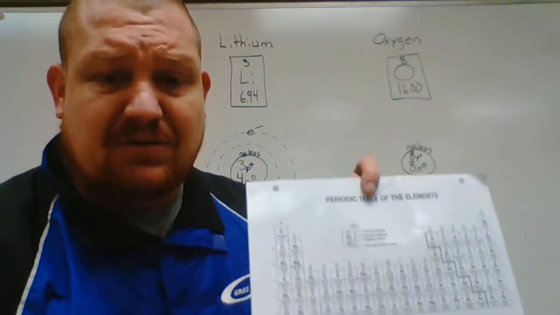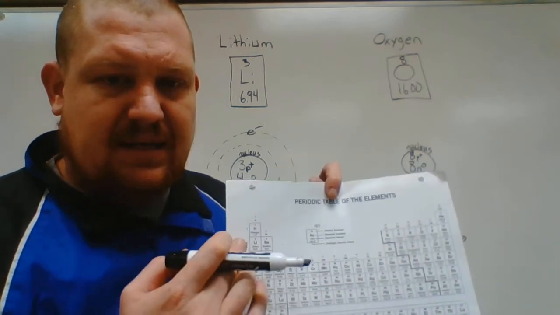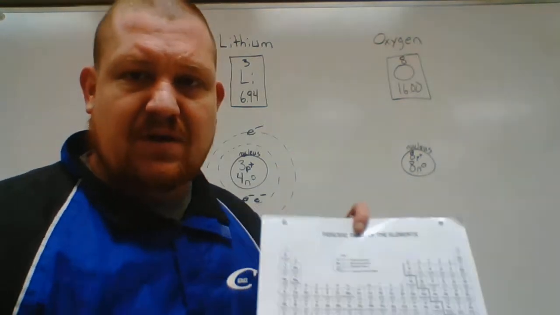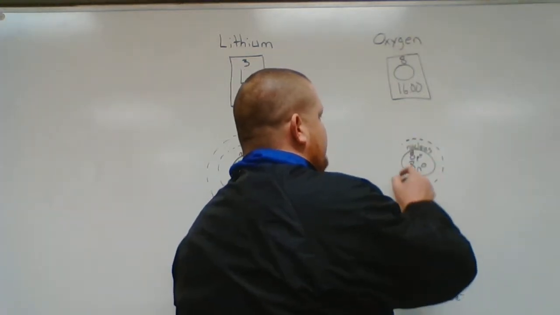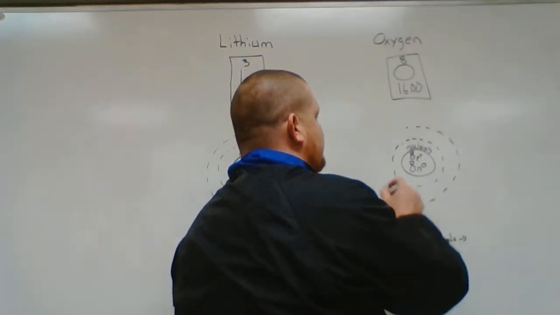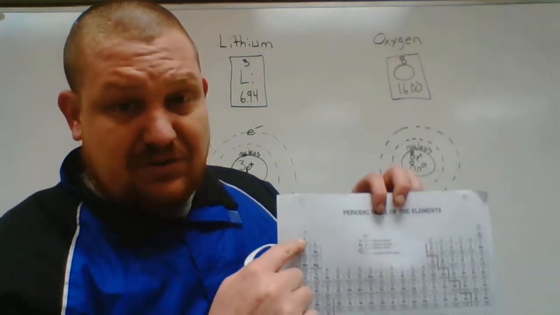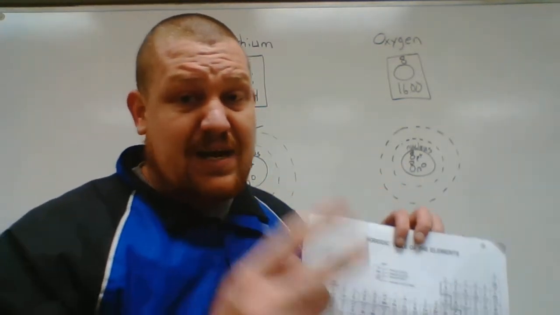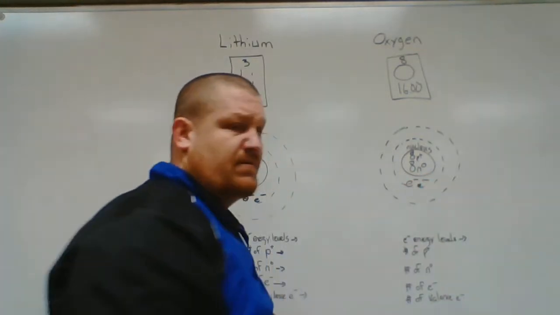Well, first, how many levels are they going to go in? Oxygen is here, in the second level, so I'm going to have 2 levels again. Just like before, the first level still only has hydrogen and helium, so it still only has 2. I can put 2 electrons in my first level.